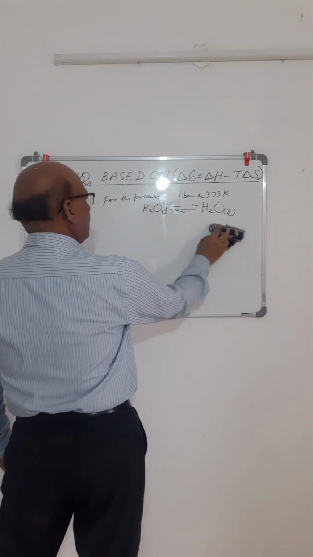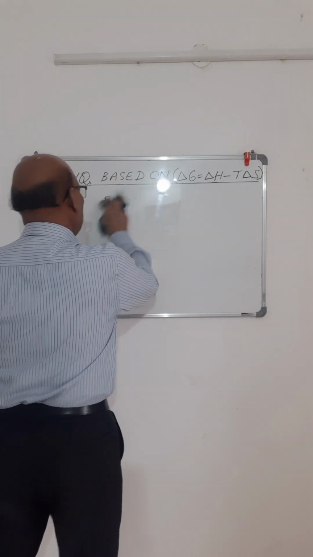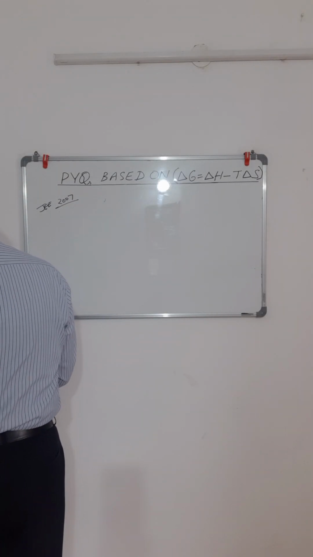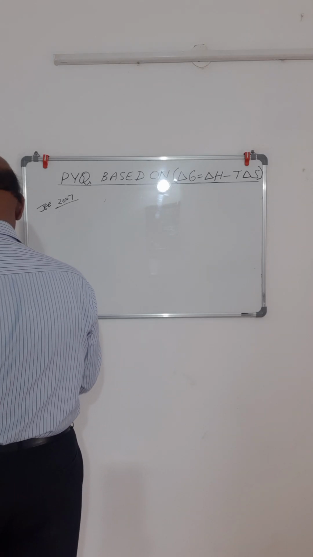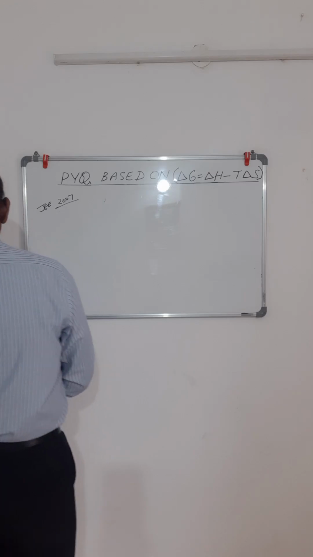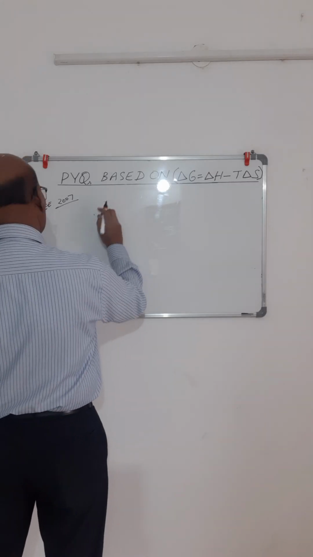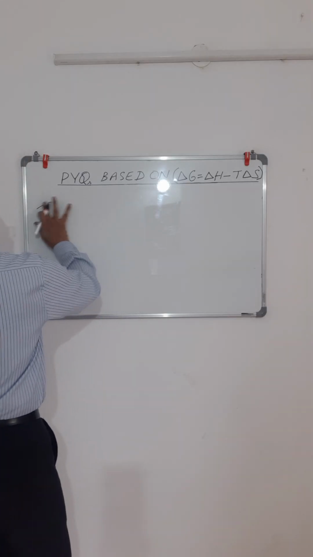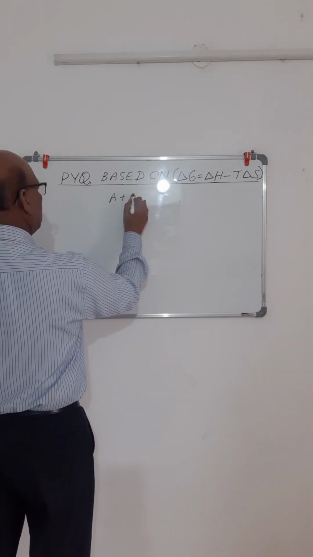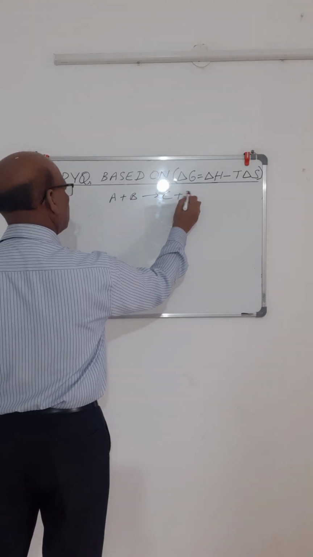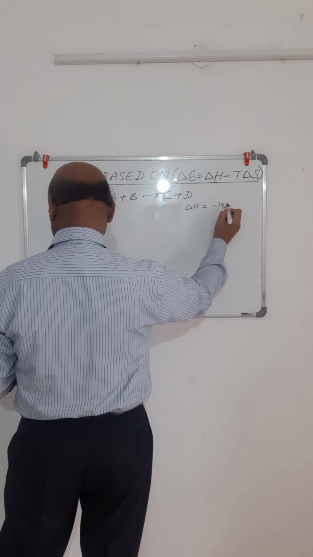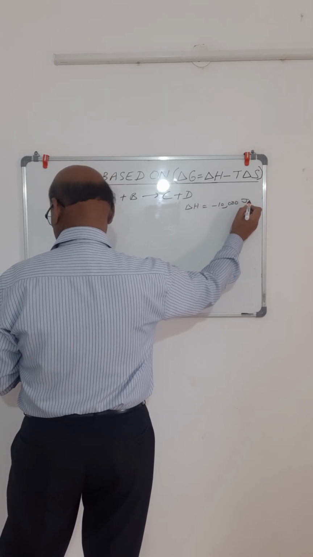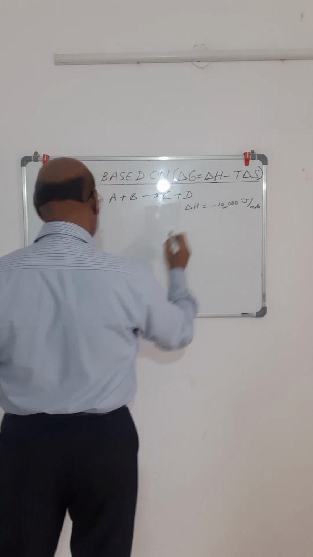Now we take 3 more examples, then we will wind up this session. The next question is a reaction given to us, that is A plus B gives C plus D. And here delta H is given to us as minus 10,000 joule per mole, that is change in enthalpy.